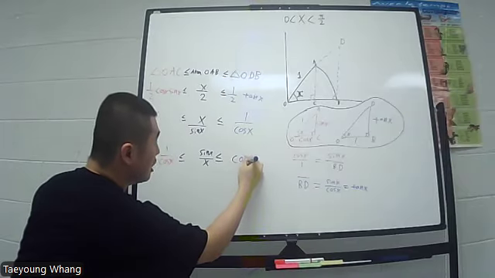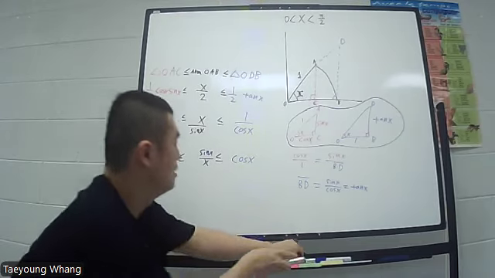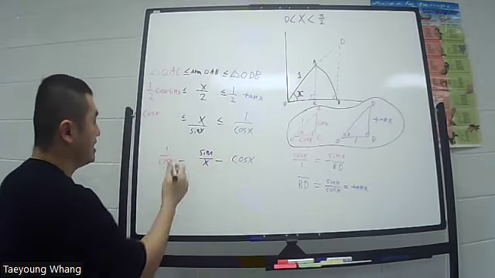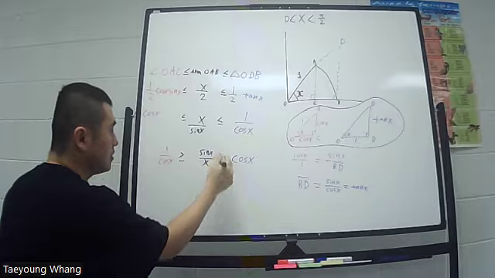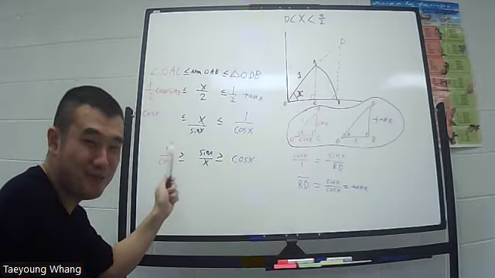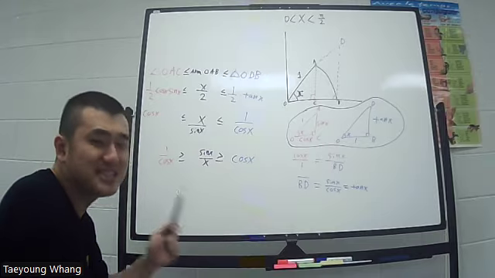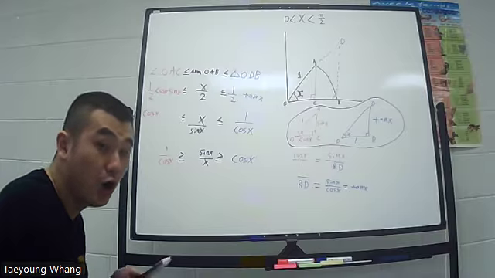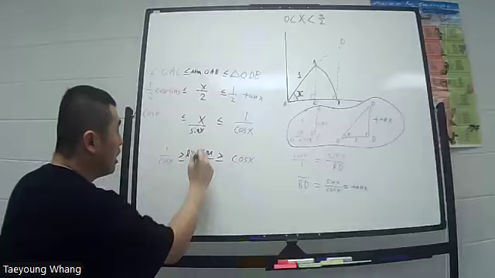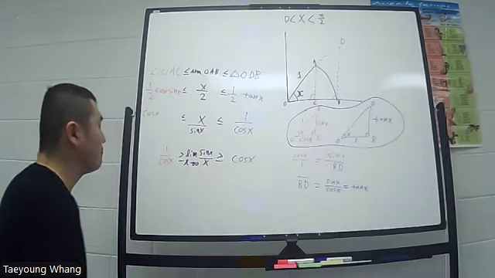Yes, it's not going to stop you, unless you forget to flip the signs. Now, sine x over x. We have finally reached sine x over x. But is sine x over x what we're looking for? No. We are looking for the value of the limit of sine x over x when x approaches 0.